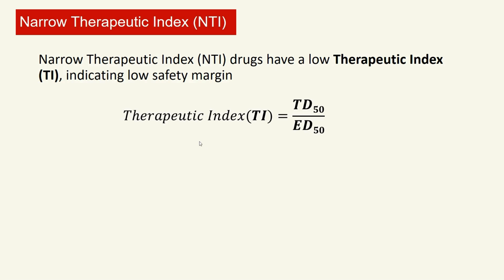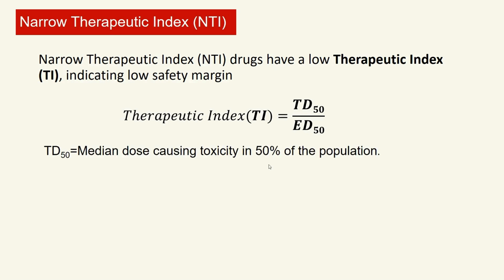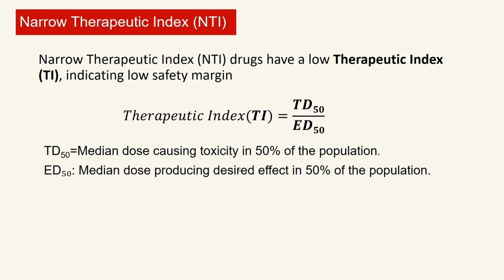What is TD50? TD50 is the median dose causing toxicity in 50% of the population, whereas the effective dose is the median dose producing the desired effect in 50% of the population. If this therapeutic index is low, generally less than 2, the drug is considered a narrow therapeutic index drug.